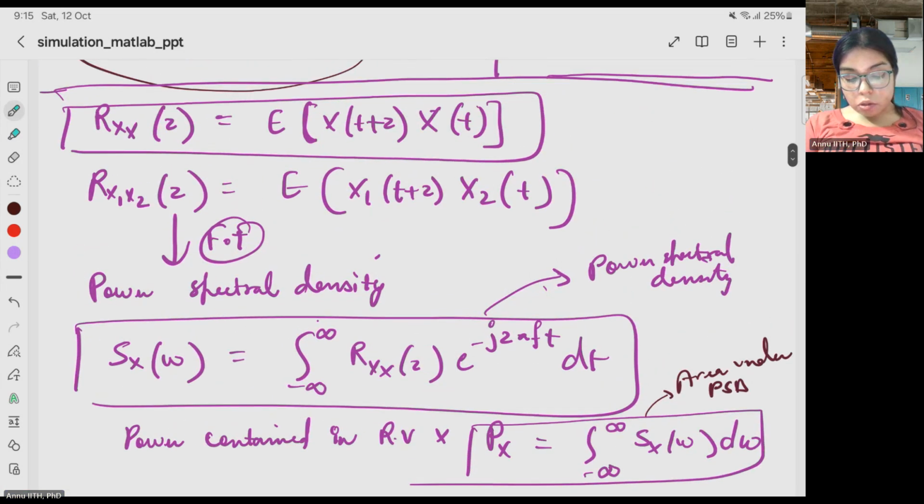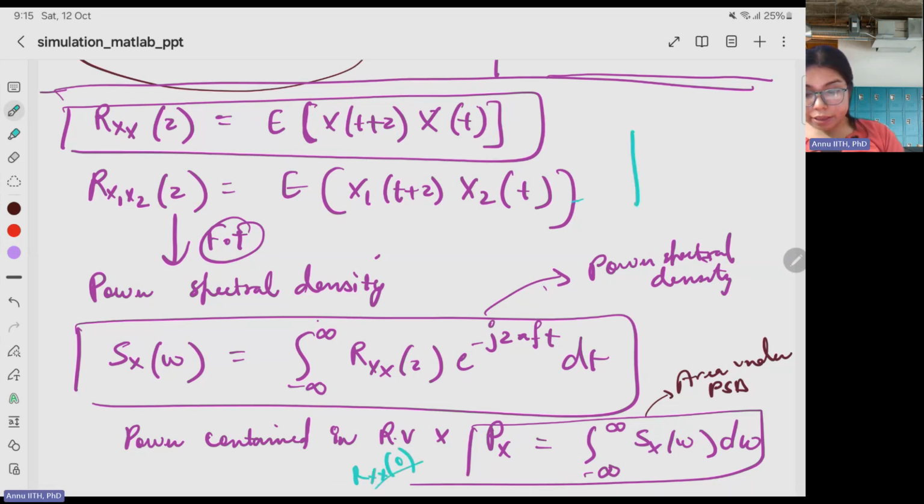So the power contained in a random variable is the integral from minus infinity to infinity of Sx(w) dw, which can be written as Rx(0), that is, Rx at tau equals 0.